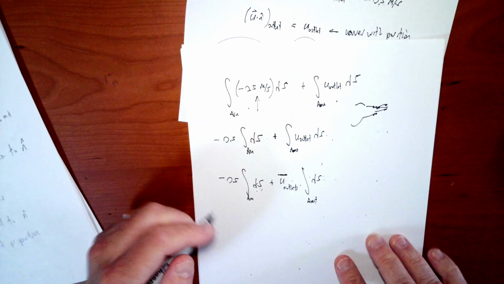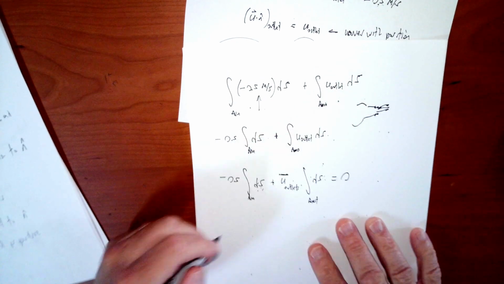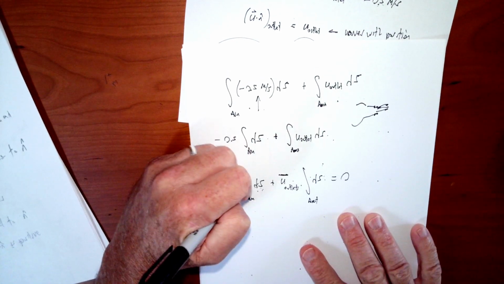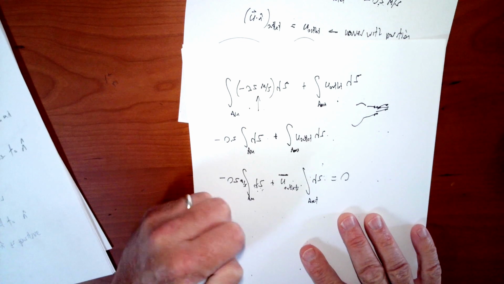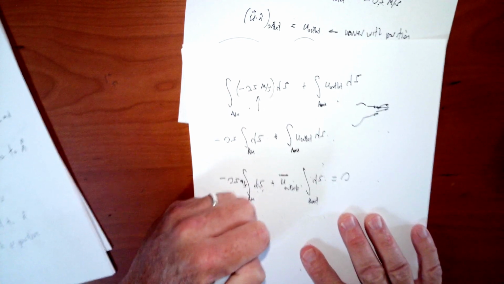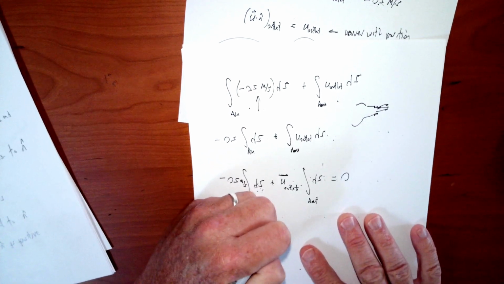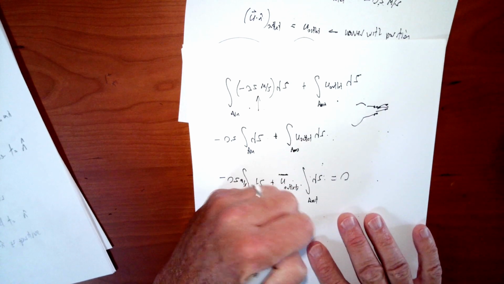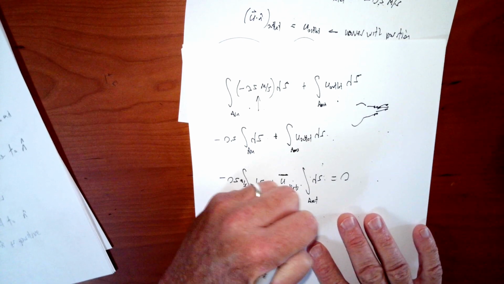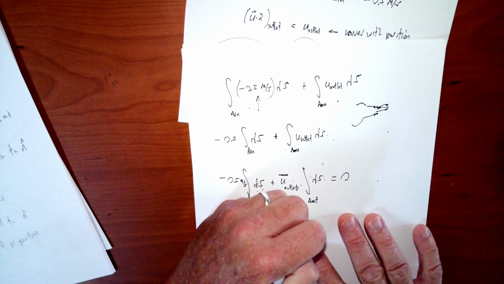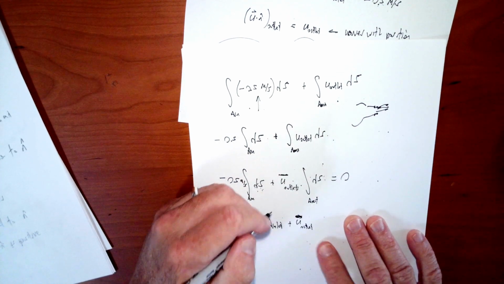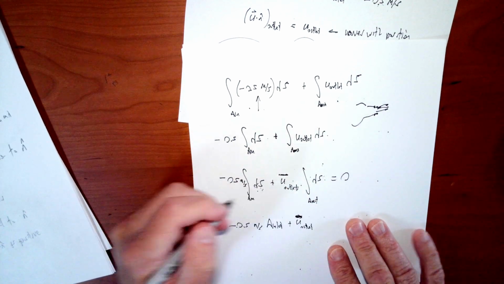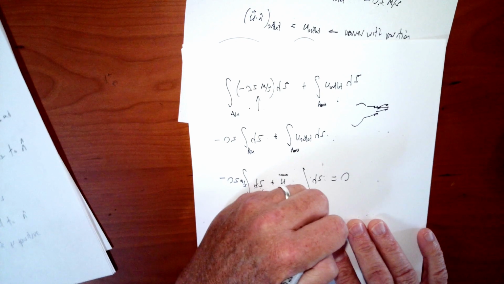We're going to say those have to equal 0. So that means this should be meters per second. So we have negative 0.5 meters per second times the area of the inlet plus this average, which we don't know, but which is actually what we're trying to find out, times the area of the outlet.